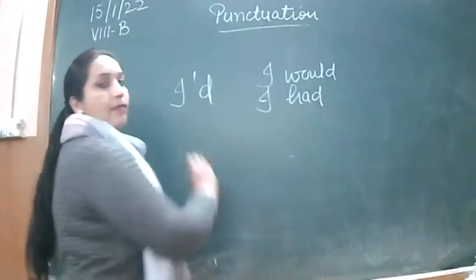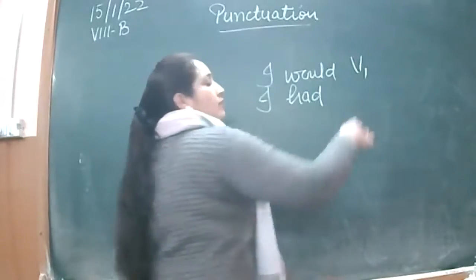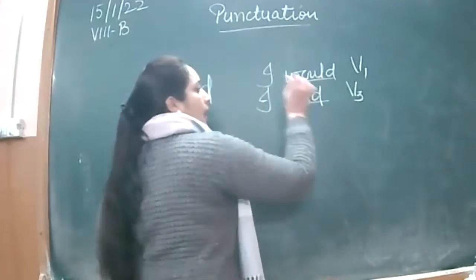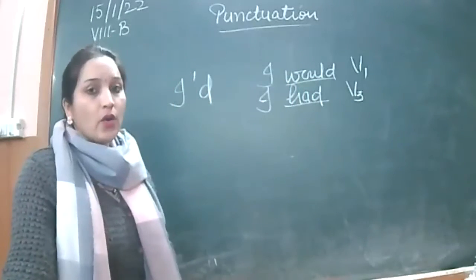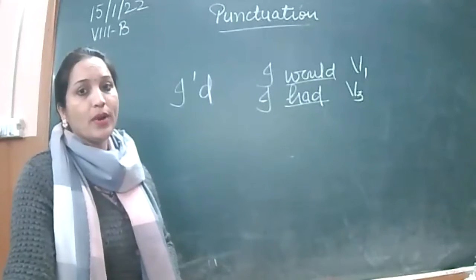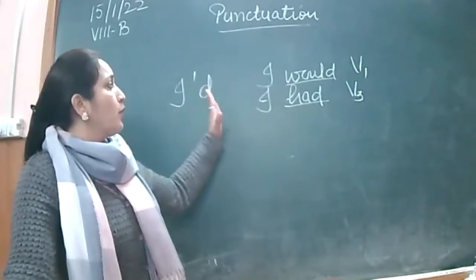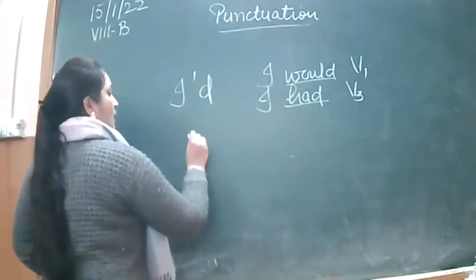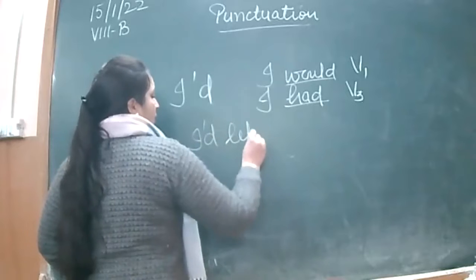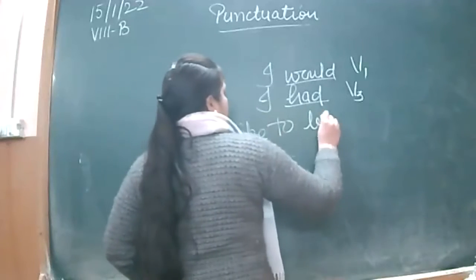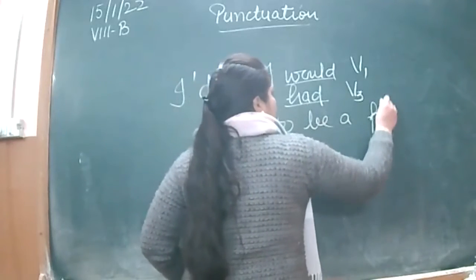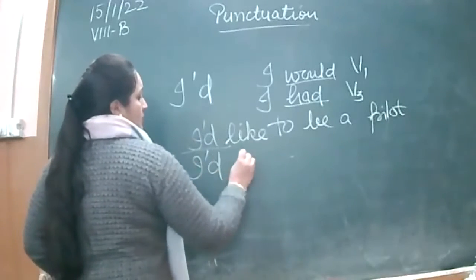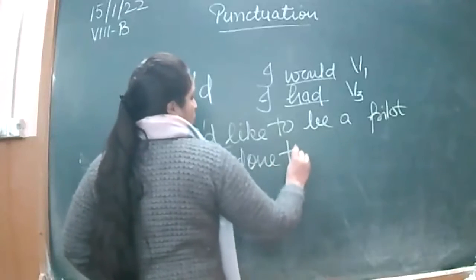If it is I would, there should be the first form of the verb after it, and if it is the third form, it is I had. When you read any text, you face difficulty because you get stuck: is it I would or I had? Read further to see the verb. For example, I would like to be a... Here it is I would. I had done this work.